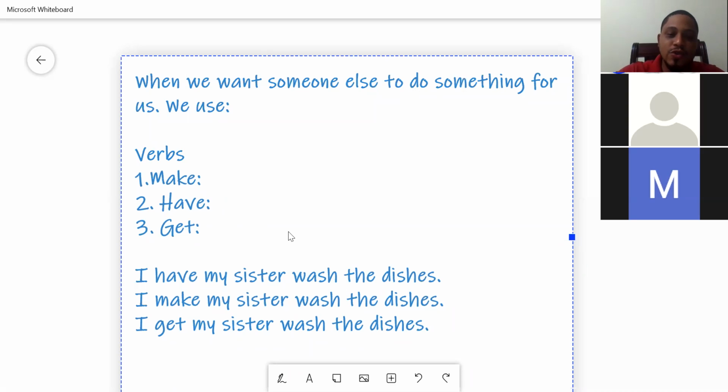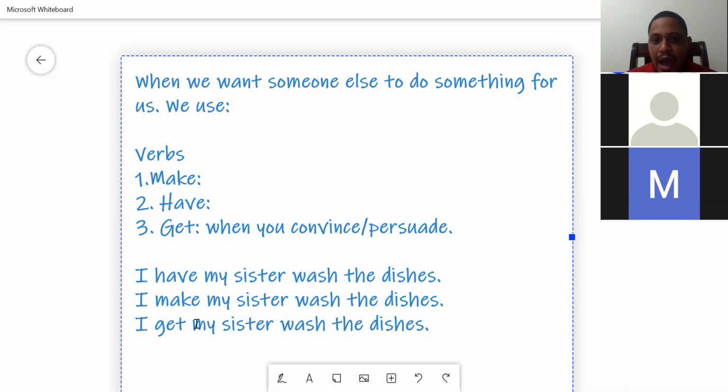So get, you use it when you convince the person, right? When you persuade, convince and persuade is the same thing. Persuasion, persuade, persuadir, convince, convencer, right? So that's when you use get. So if I say, I get, that is in present, okay?